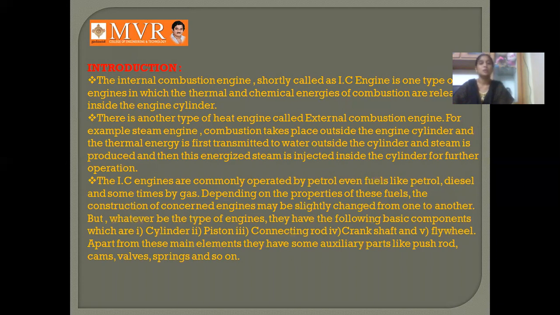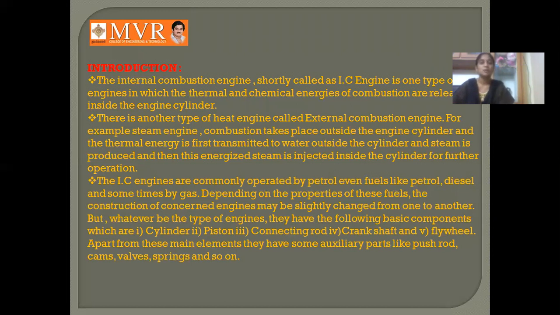There is another type of heat engine called the external combustion engine. For example, in a steam engine, combustion takes place outside the engine cylinder, and thermal energy is first transmitted to water outside the cylinder, and steam is produced, and then the steam is injected inside the cylinder for further operation.